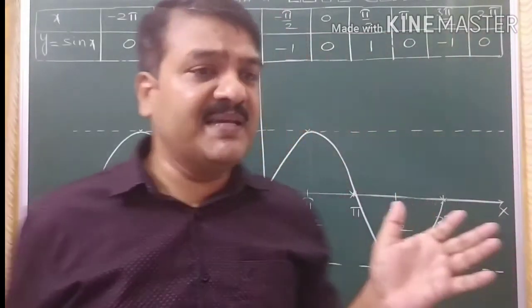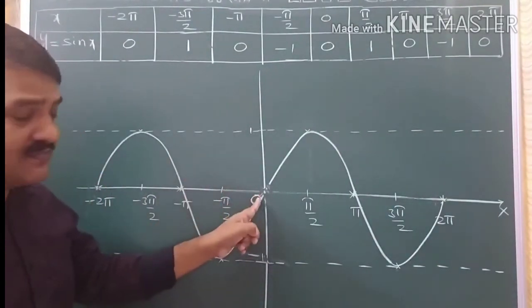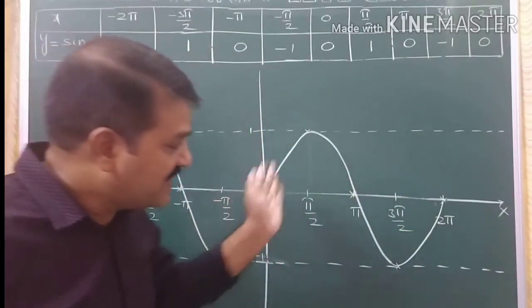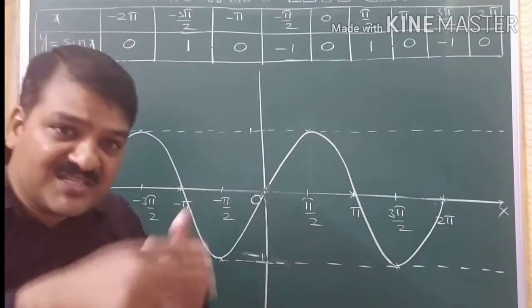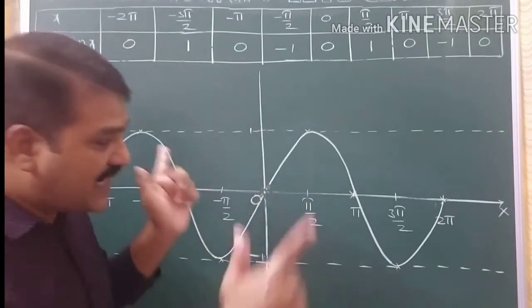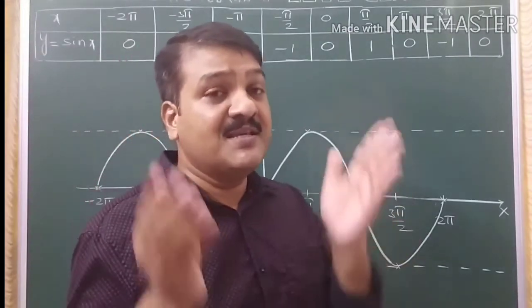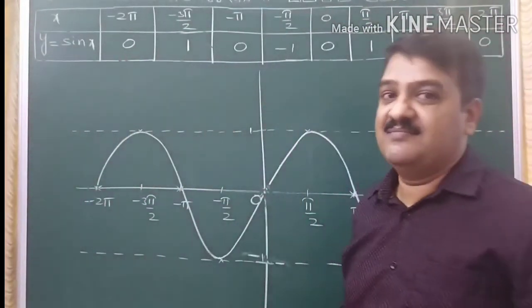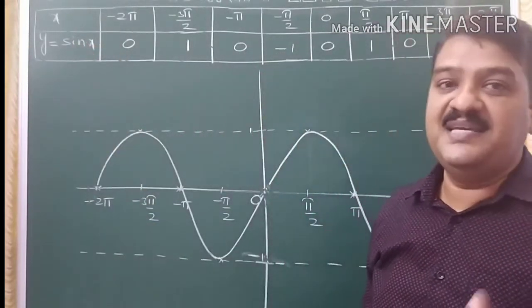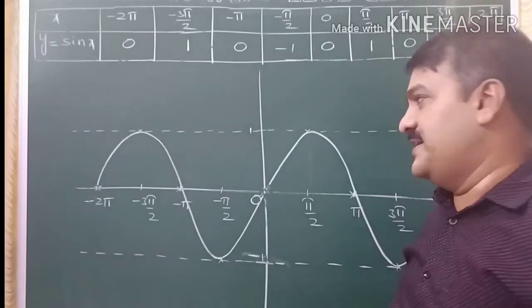From here to here the difference is 2 pi only, no? So that interval of 2 pi or 360 degrees is called the period of the function. So the period of the sine function is nothing but 2 pi in radians or 360 degrees in degrees.